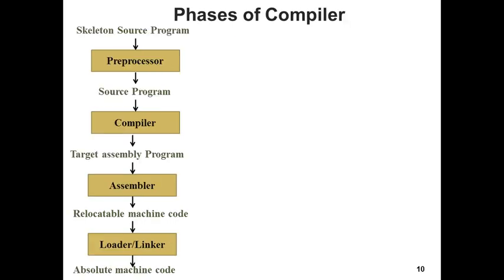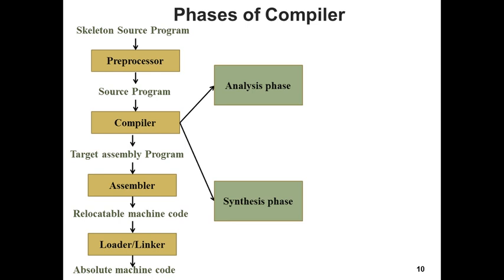Next, the phases of the compiler. The design of a compiler is basically divided into a few independent phases. If we explore the compiler, it has two basic phases. First is the analysis phase and second is the synthesis phase. The input to the analysis phase is a source program that is modified by the preprocessor.